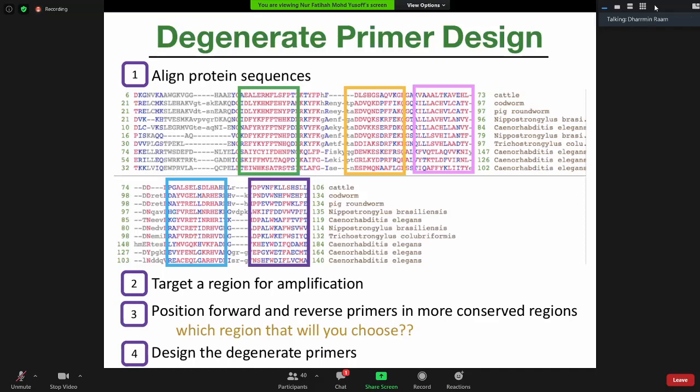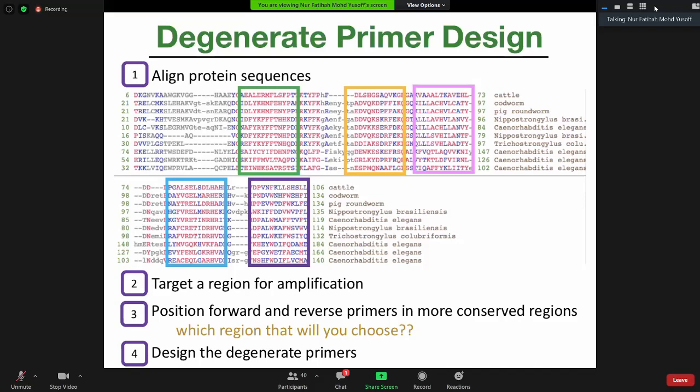I feel there are less conserved sequences there. Okay, yes, that is correct, because the conservation is too low here. That is the correct answer.